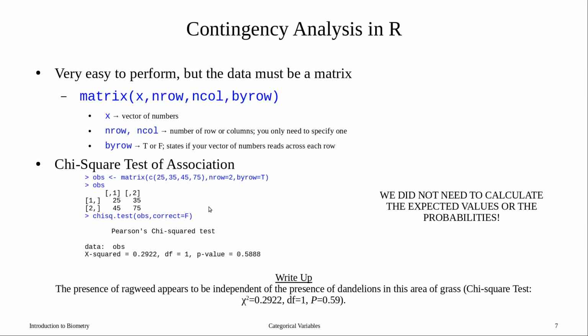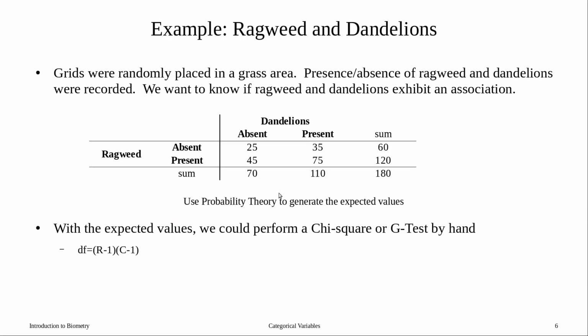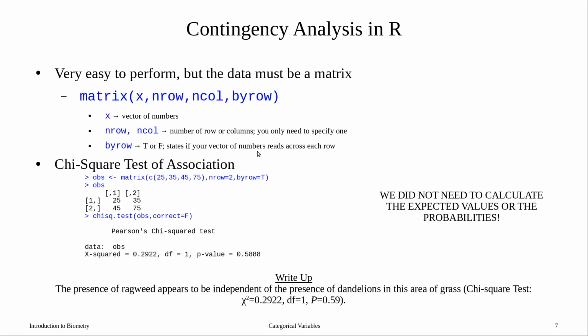Well, in order to do a contingency analysis in R, we have to first convert our data table into a matrix. And a matrix is simply an array of data arranged kind of like a table, where we have rows and we have columns. So in order to get our data into a matrix, what we're going to do is issue the matrix command.